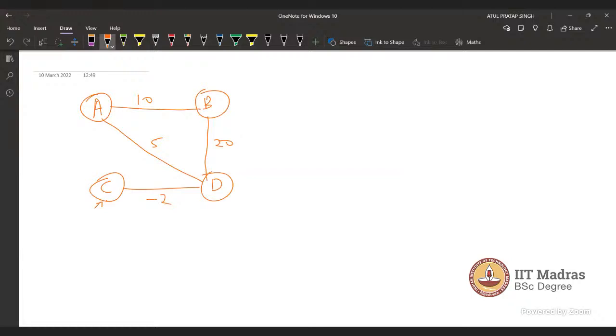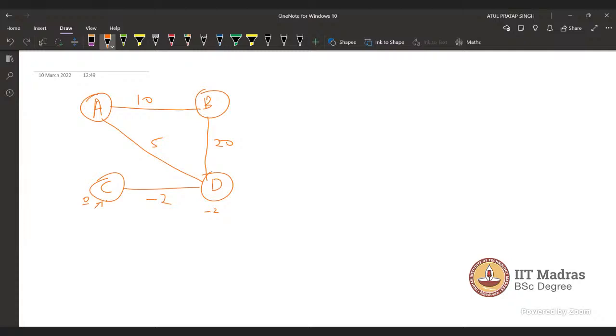So we can reach D with weight -2, but we can also move from D to C. Initially we start from C, the value for C is 0, and we move from C to D with -2.